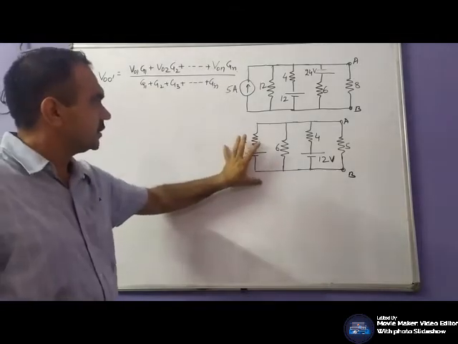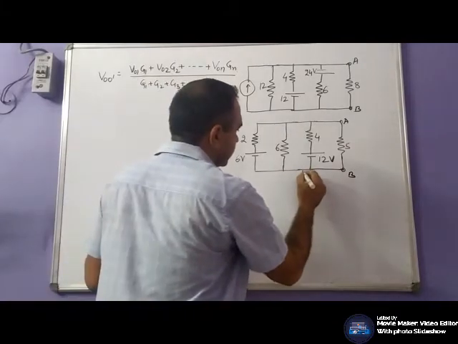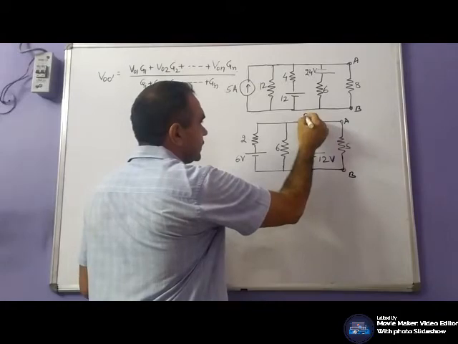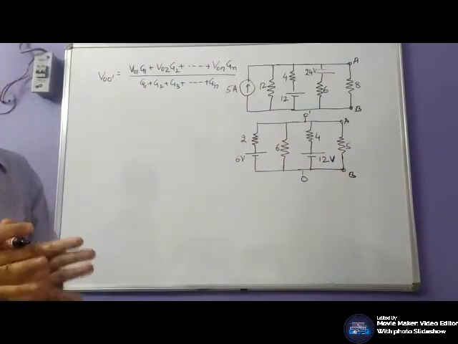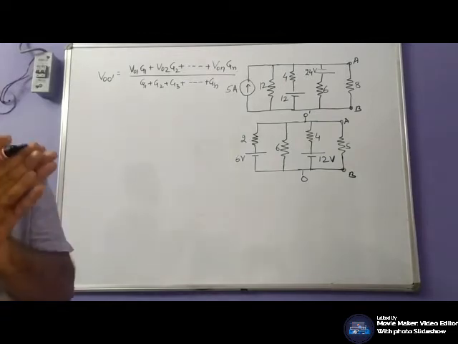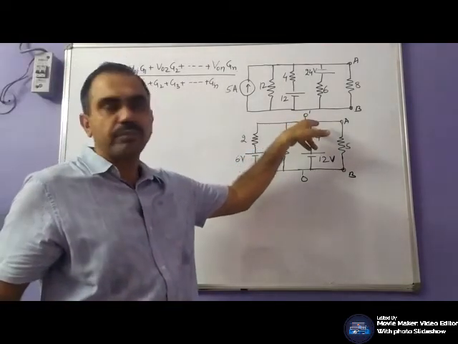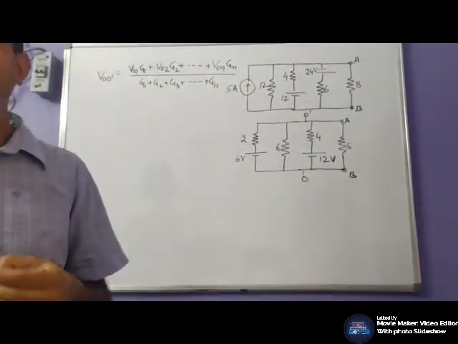First, what will be the VO dash? Let this be the O or O dash common point. This theorem is applicable only when a number of parallel branches are connected at a common point. Whatever extra branches there are, we have to neglect.